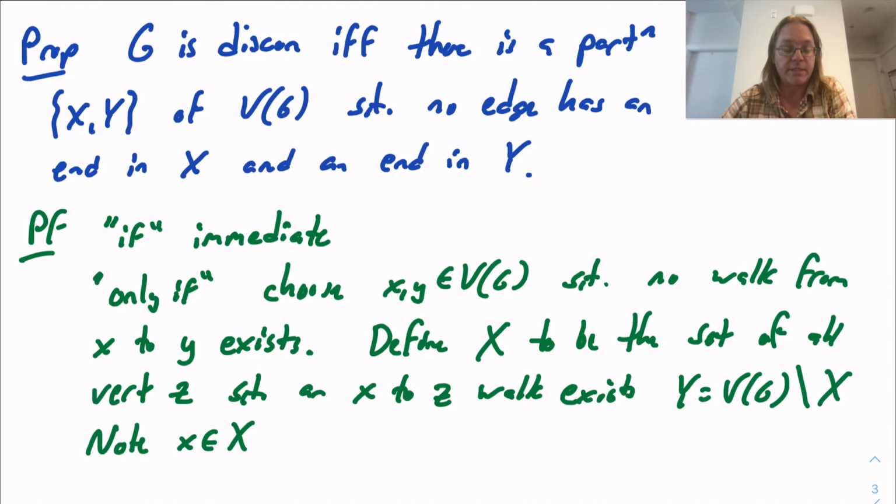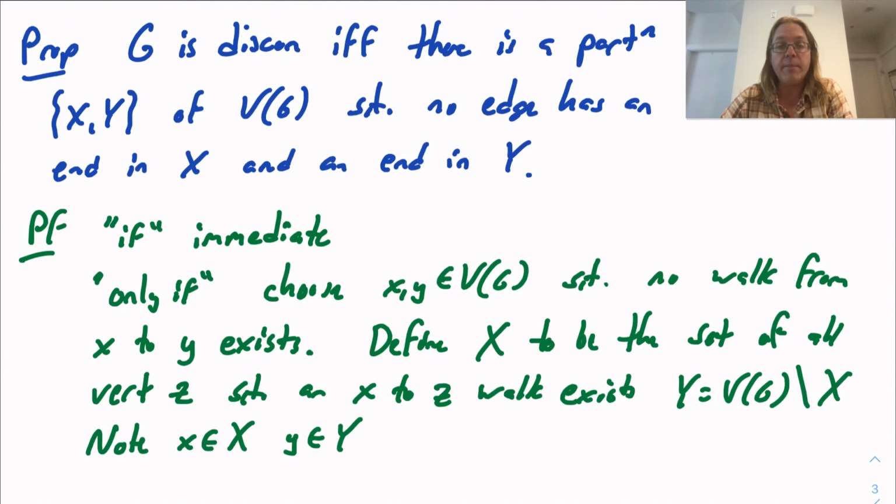On the other hand, the vertex y is not going to be in that set, right? By assumption, there is no walk from x to y. So x is in X, y is in Y. Things are lining up just the way you'd hope.